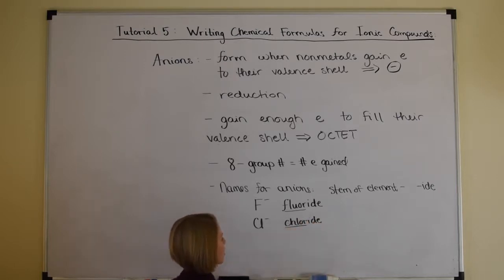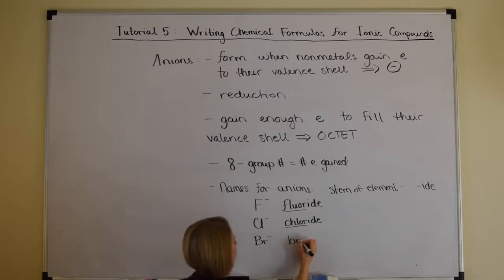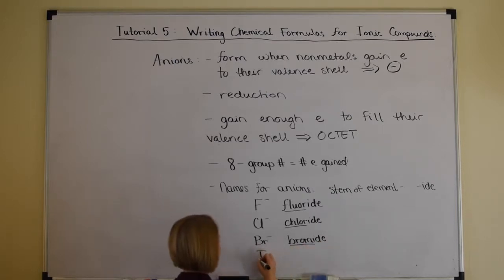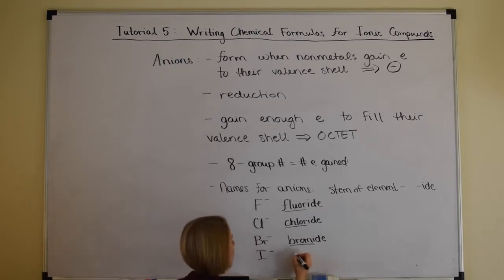Okay, so your stem is the chlor. Bromine, when it gains its 1 electron, it becomes a bromide. And iodine, when it gains its 1 electron and fills up its valence shell, becomes iodide. Okay, so I'll underline the stem.